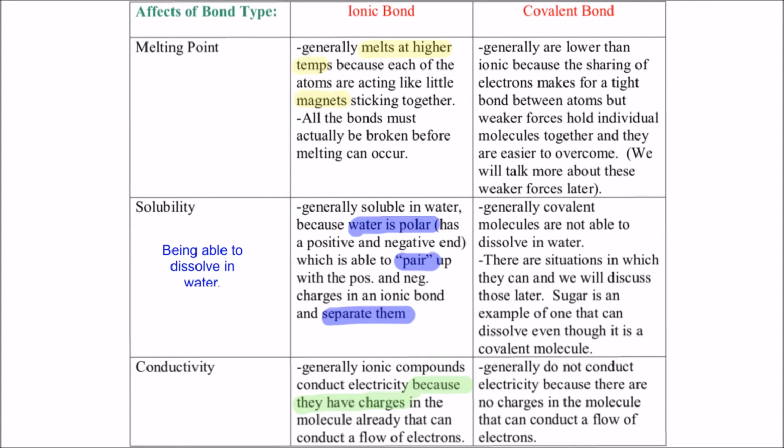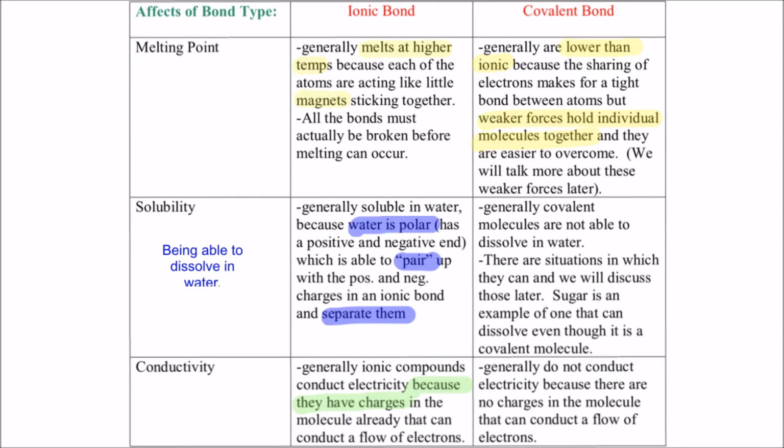Okay, now let's talk about covalent bonds. The melting point of covalent bonds are much lower than ionic, and that's because they share the electrons. So the actual molecules that are floating around all together, they are actually attracted to each other also, but they're weakly attracted to each other.